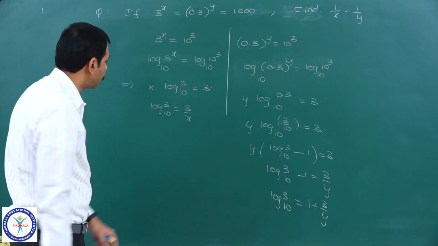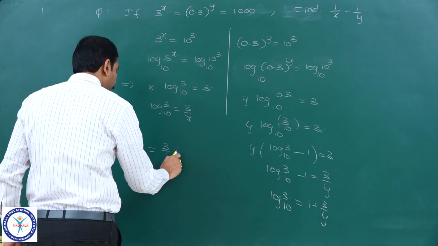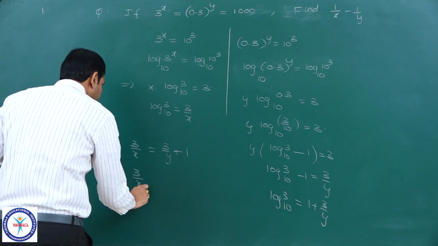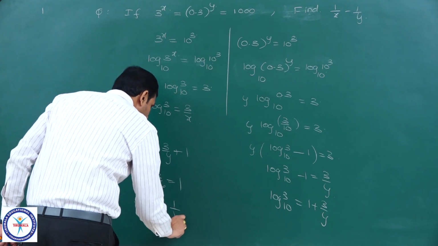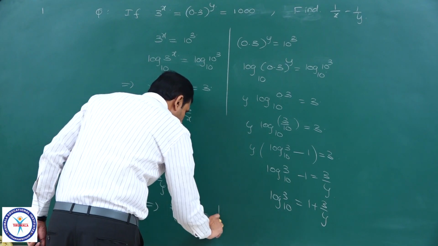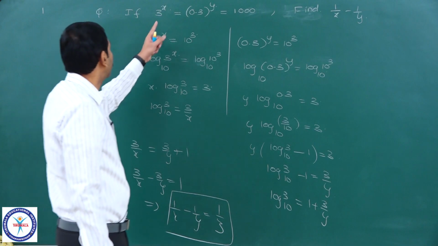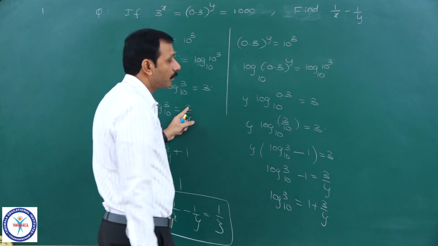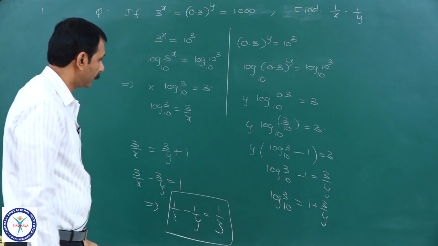Both are log 3 to the base 10 only. It is 3 by x is equal to 3 by y plus 1, or 3 by x minus 3 by y is equal to 1, implies 1 by x minus 1 by y equal to 1 by 3 will be the answer. Take these two and logarithms on both sides, and simplify this.